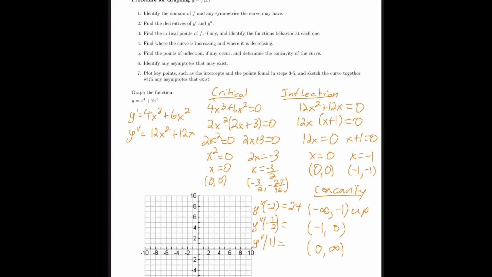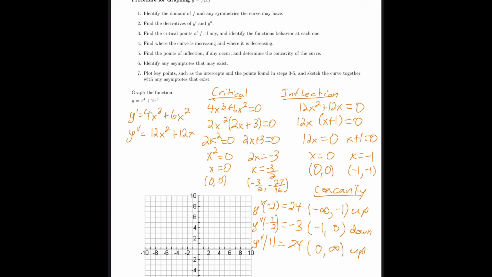So this will be concave up. Negative 1/2 squared is positive 1/4, so that's 3 plus negative 6, so that's negative 3. So that's concave down. And the last one, if I plug in 1, I get 12 plus 12, which is 24. So this is concave up. So that's all the concavity regions.